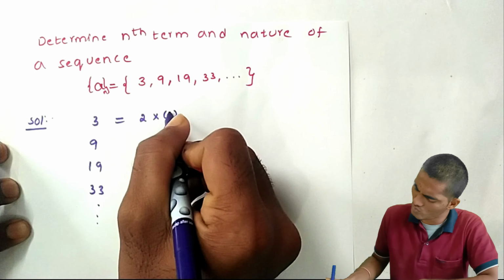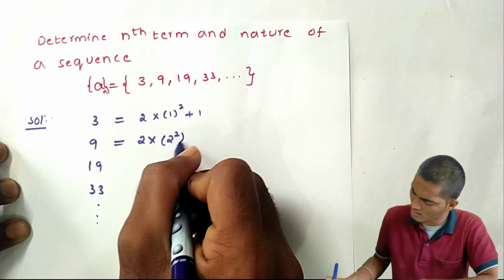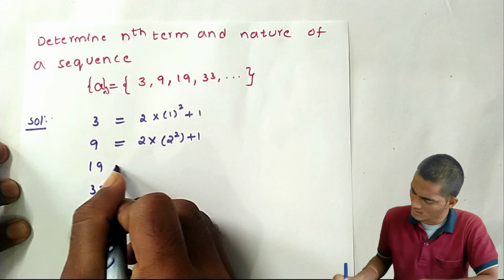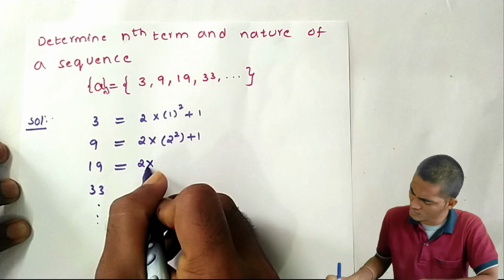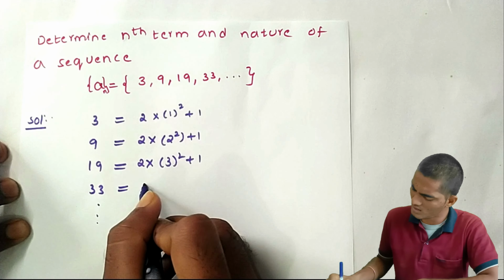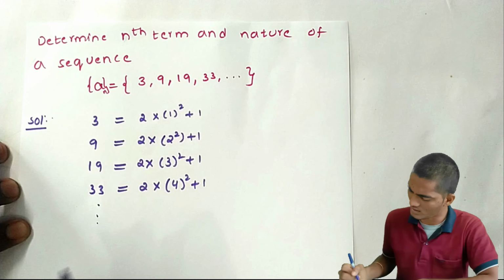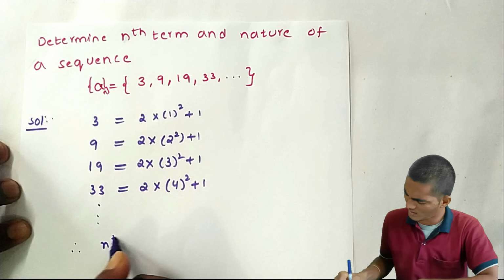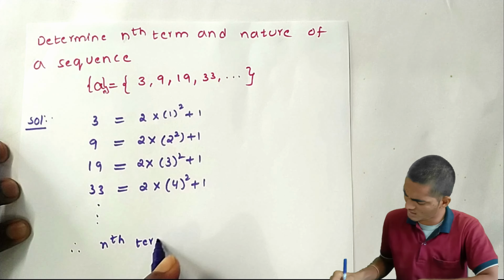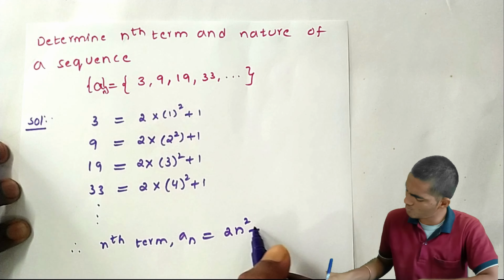Next term is 9: 2 into 2 square plus 1. Next term is 19: 2 into 3 square plus 1. Next term is 2 into 4 square plus 1 and so on. Therefore the nth term of the sequence an equals 2n^2 + 1.